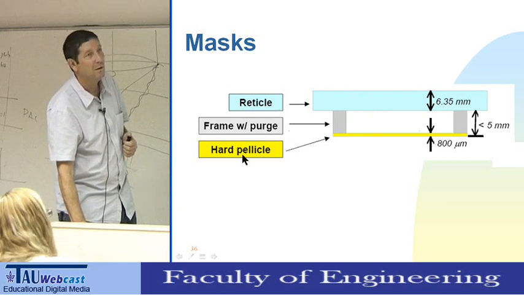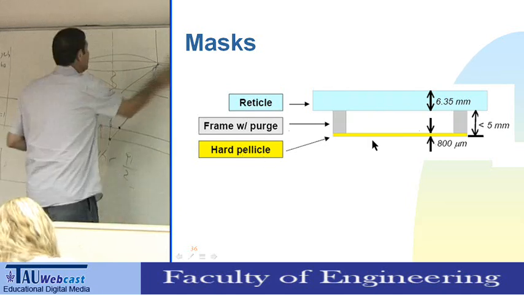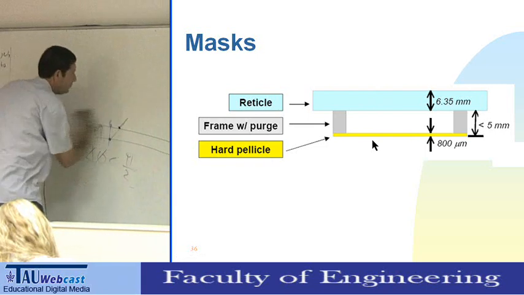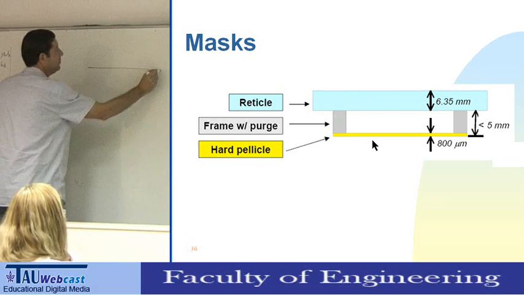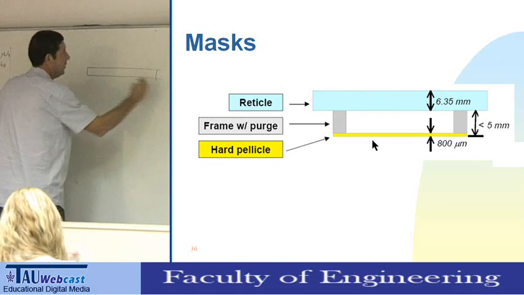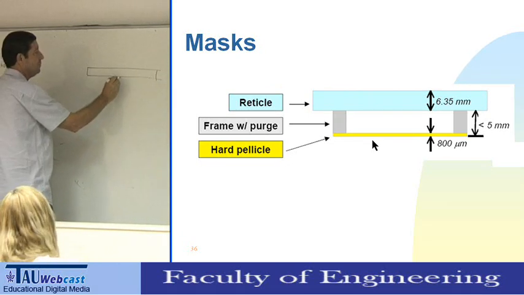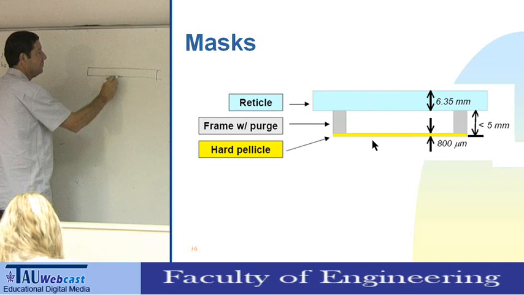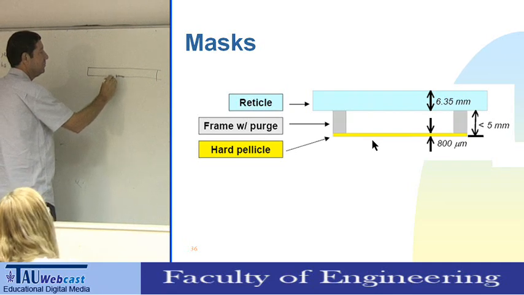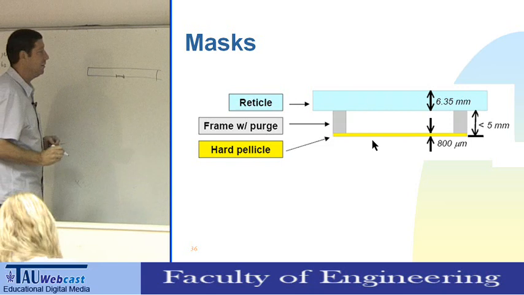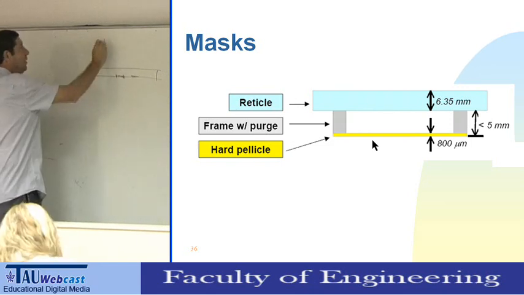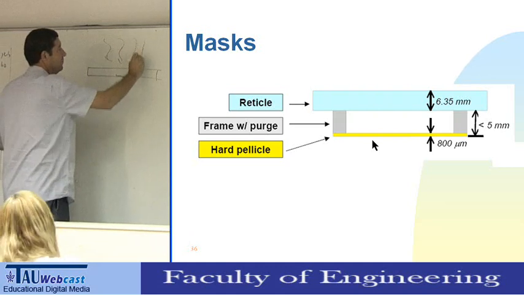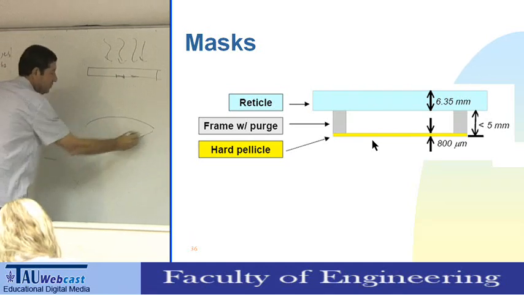Can you explain again? Sure. This is my mask. And on the mask I have a feature, let's say, and another feature. And I illuminate it. I have here the optics.